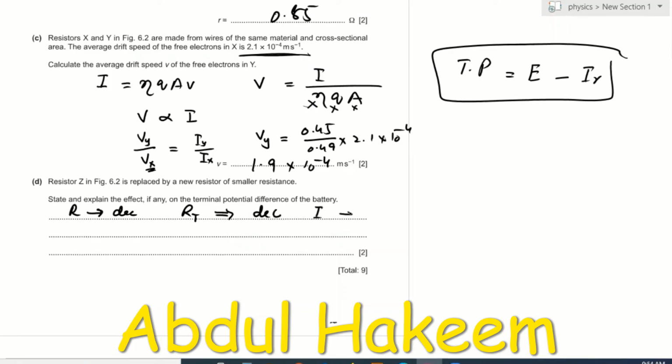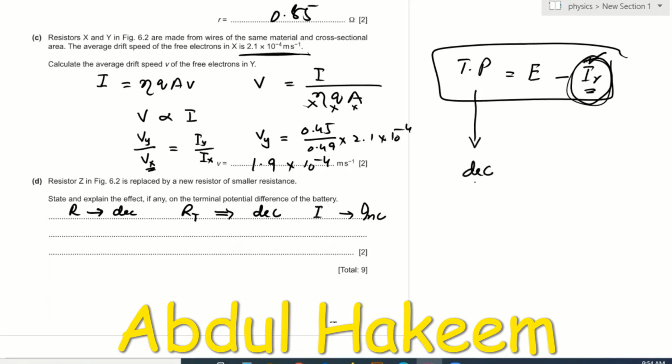Hence, current in the circuit increases. When the larger current passes through this internal resistance, loss potential increases, so the terminal potential decreases.